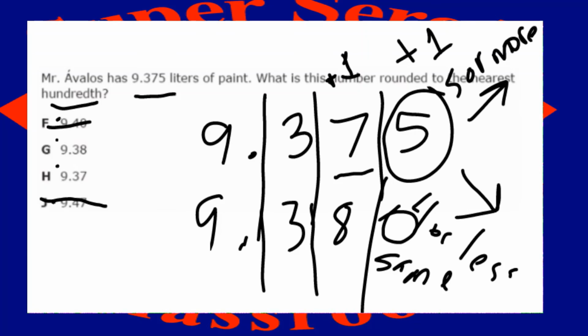So I cross that out. So a process of elimination. I went from a 25% chance of getting it right to a 33% chance to a 50% chance. And now let's go to the final number, 3 and 8. So G has 8, H has 7. So bam. So the answer is G. And that's how we round.